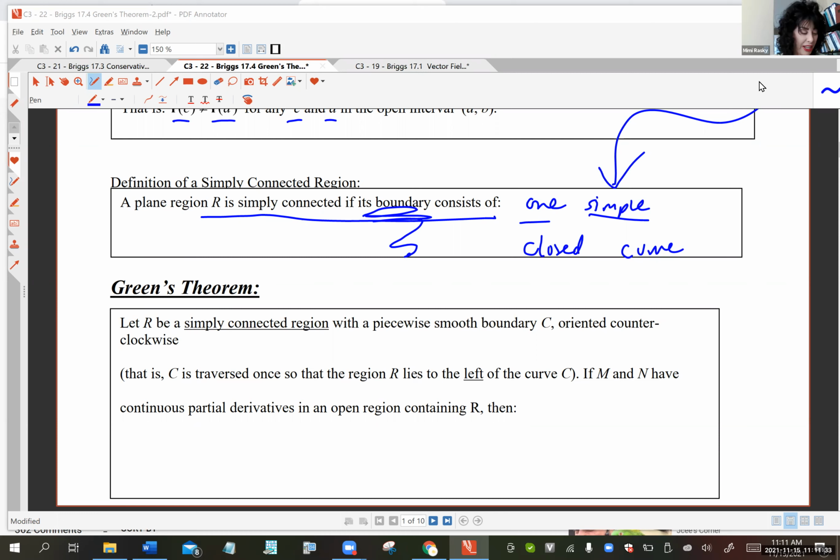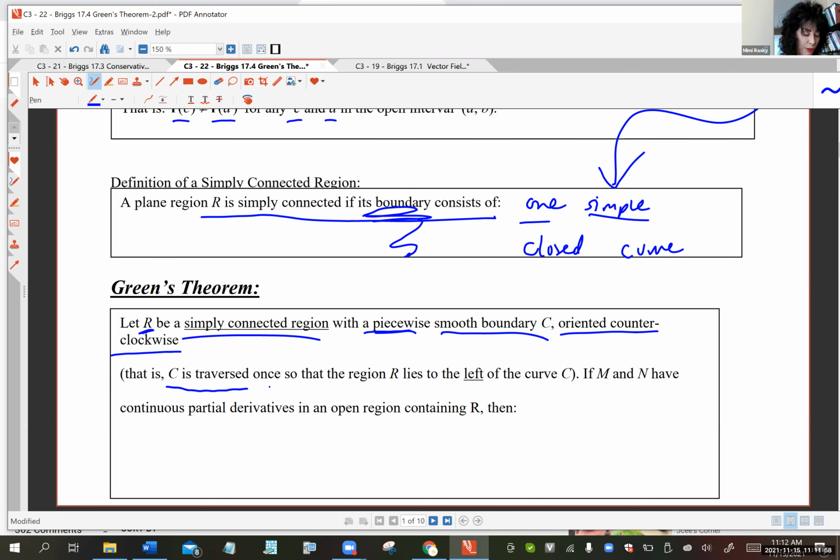Here we go. You need a region R, and it has to be simply connected. You have to have a smooth boundary, or piecewise smooth, also. It has to be oriented counterclockwise. What if it's oriented the other way? We'll talk about that later.